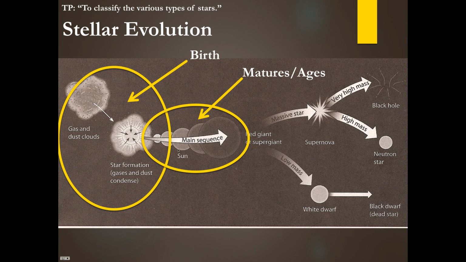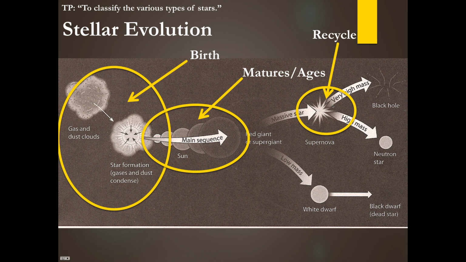Next, we have the main sequence, where it matures and ages. Our sun is maturing, as mentioned in class. Eventually, our star will die. Since our star is a medium-sized star, it's going to go down this avenue here, down this highway. A bigger star will go the other direction.